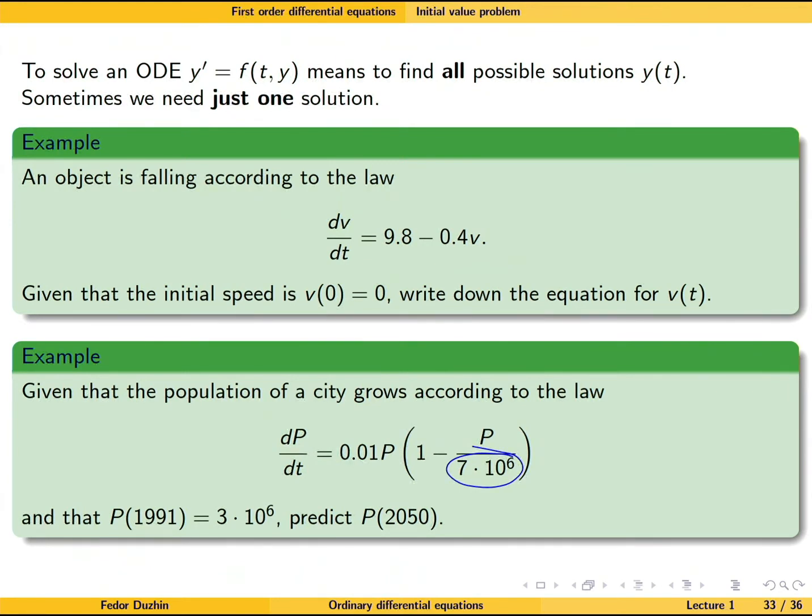So whether the population in 2050 is going to be closer to 3.5 million or to 7 million or to, I don't know, 6.5 million, it is already important. And so this is governed by this initial value problem.